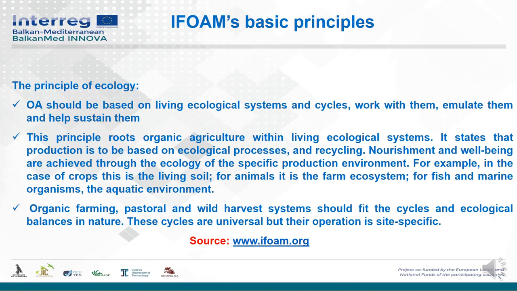It states that production is to be based on ecological processes and recycling. Remember, recycling. Nourishment and well-being are achieved through the ecology of the specific production environment. For example, in the case of crops, this is the living soil. For animals, it is the farm ecosystem. For fish and marine organisms, the aquatic environment.